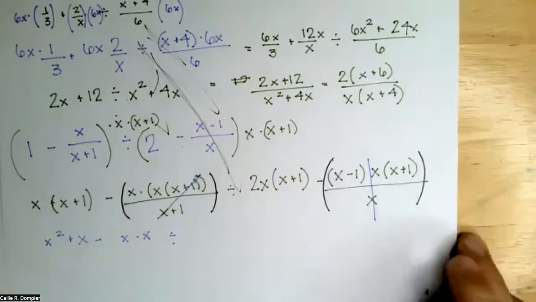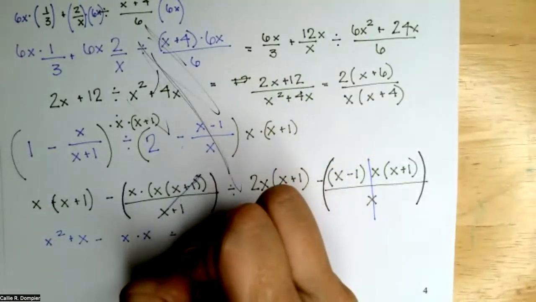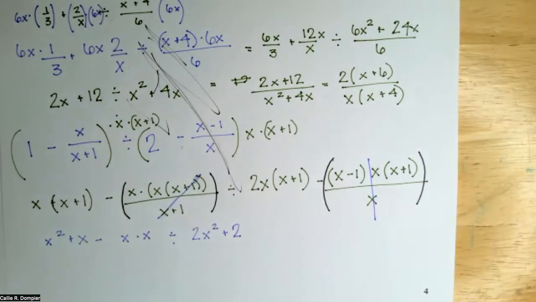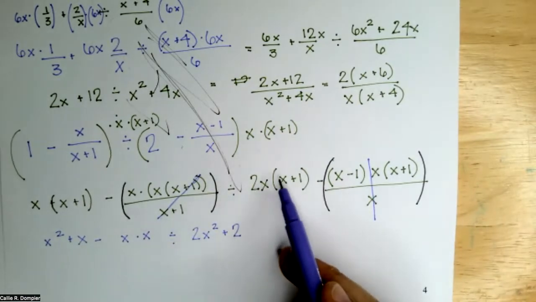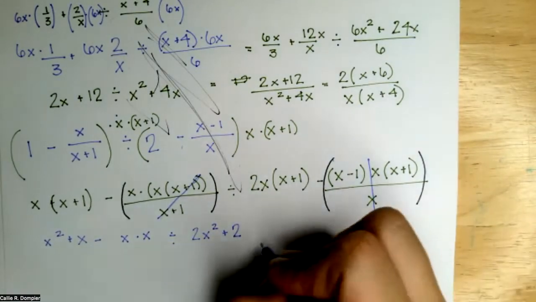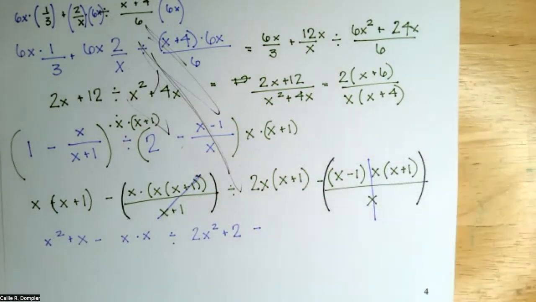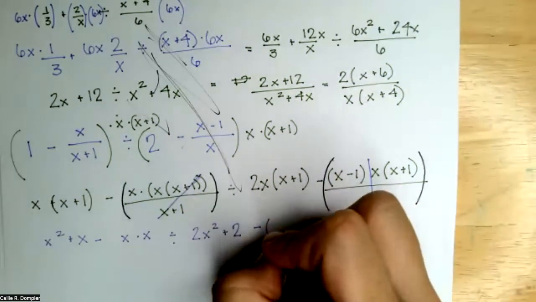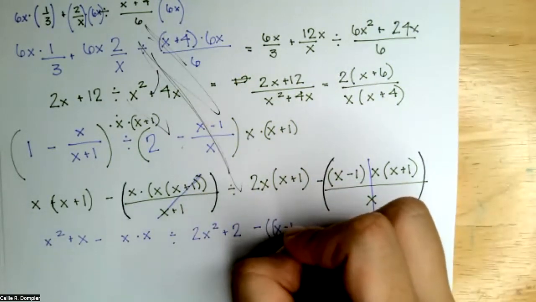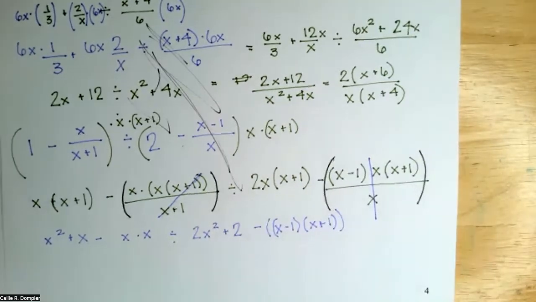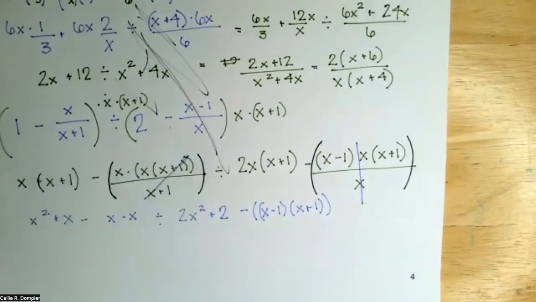Divided by 2x squared plus 2. Any questions? I just distributed the 2x to the x plus 1, minus x minus 1 times x plus 1, right? Because I'm subtracting all of it.